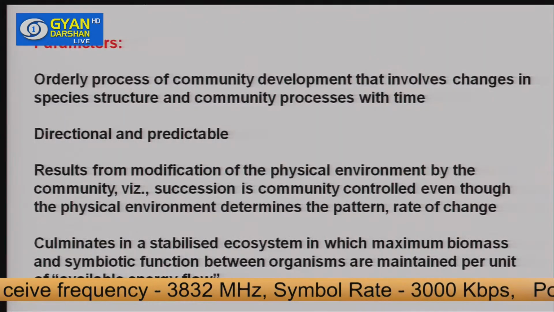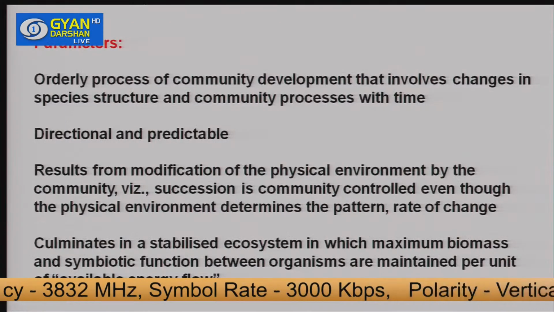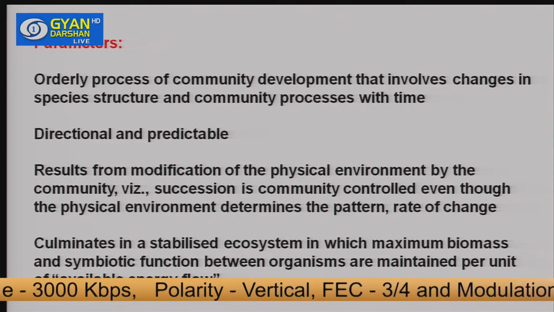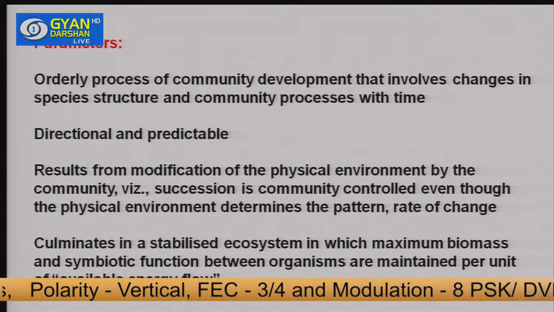It results from modification of the physical environment by the community, that is, succession is community controlled even though the physical environment determines the pattern or the rate of change. So there are actually two parameters which can affect community structure or community development.